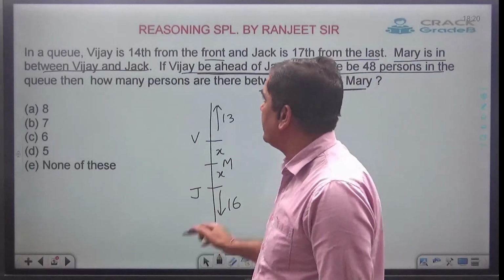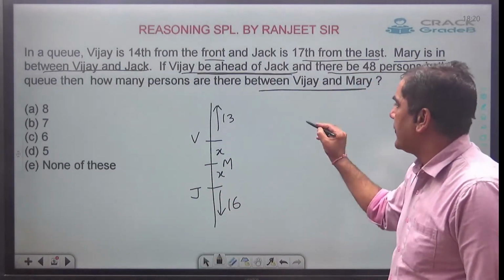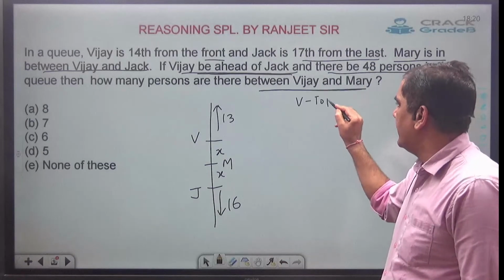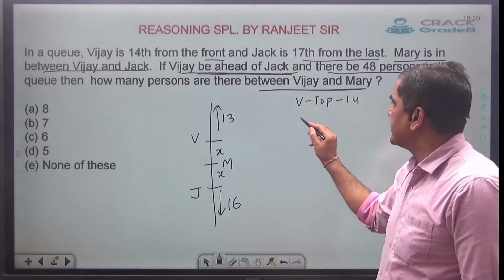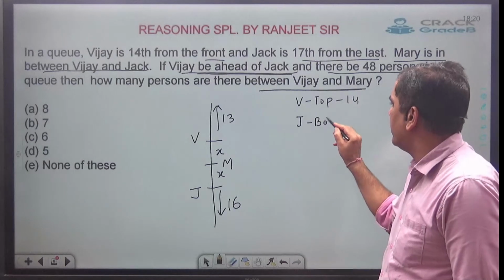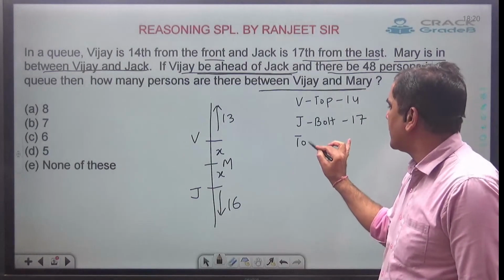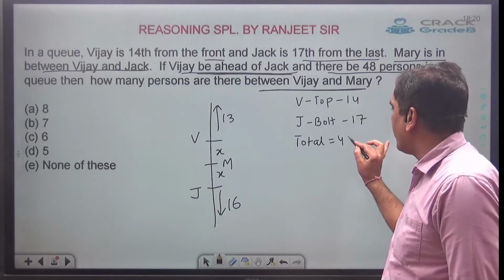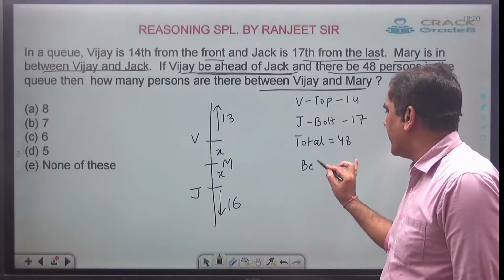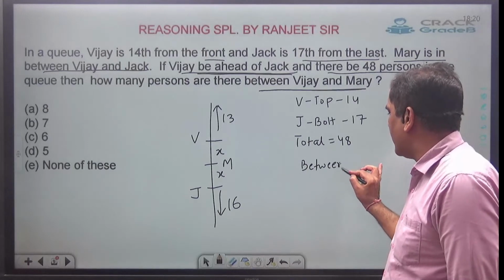Now let's calculate. Vijay is given to be 14 from top. Jack is given to be 17 from bottom. And total number of persons comes out to be 48. How to find in between? This concept we have already seen.